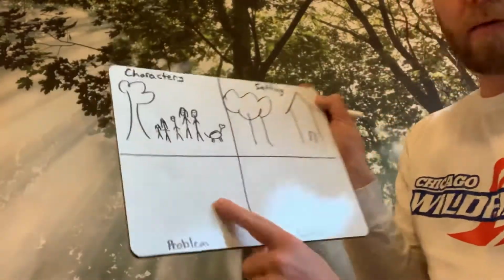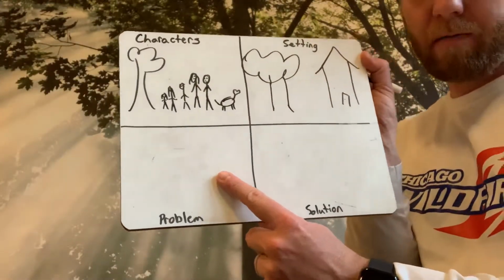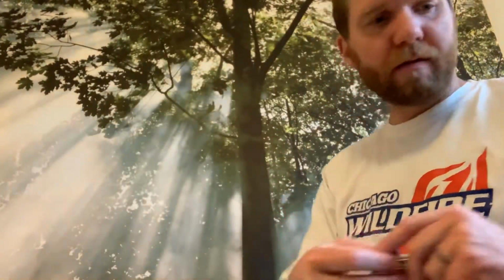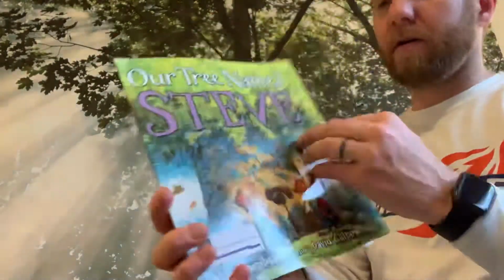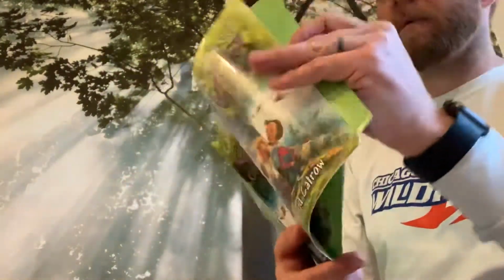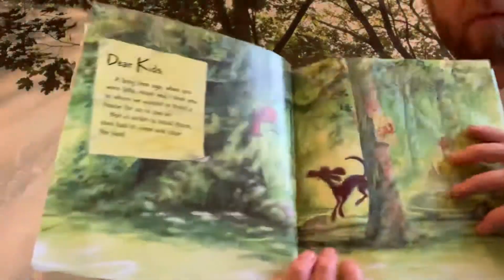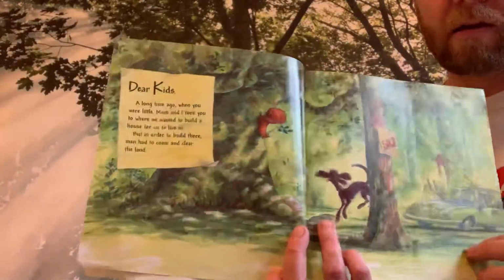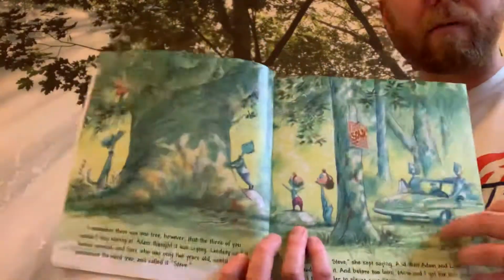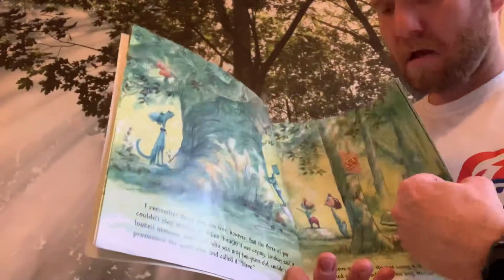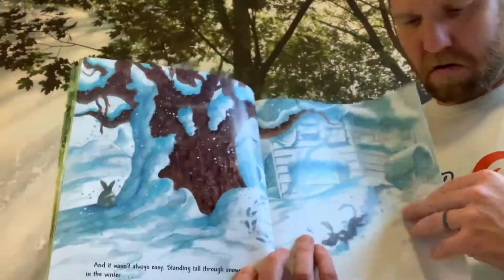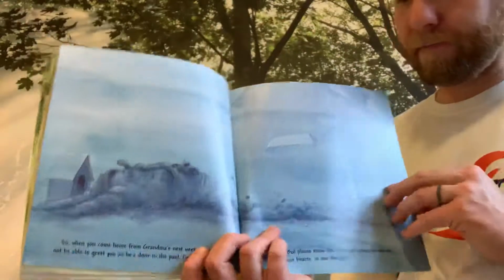All right, we had a problem in the story. Remember, Dad was writing this letter to the kids. Remember, Dad started the story by saying, "Dear kids," and he's telling them all about their wonderful tree that they loved the whole time.